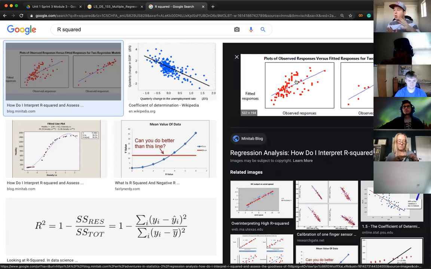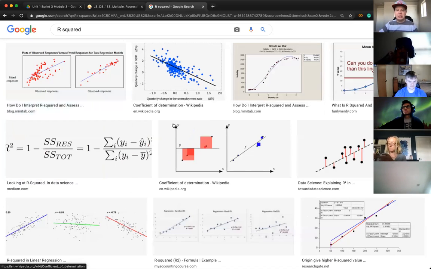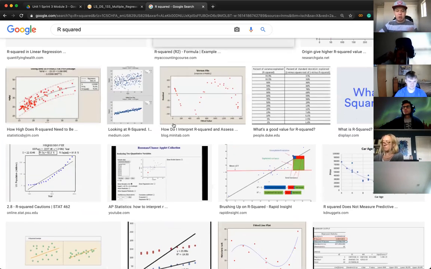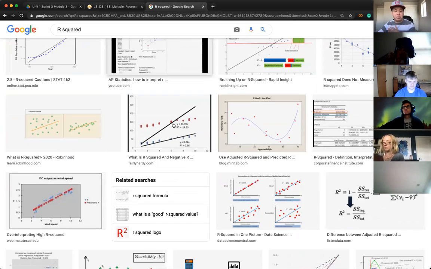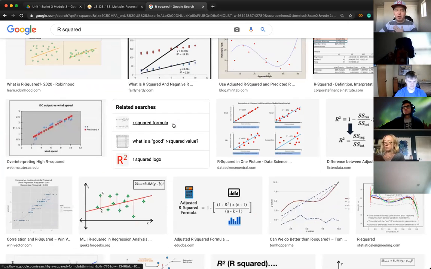The data points are not quite as close to the line. This would have a worse R squared compared to this guy on the right. So the regression on the right is going to have a higher R squared. The regression on the left will have a lower R squared. Okay. So our R squared values will exist between 0 and 1. The closer to 1 means the better our model fits the data, and the further away from 1, the worse.